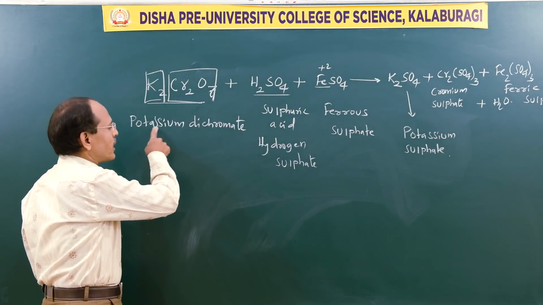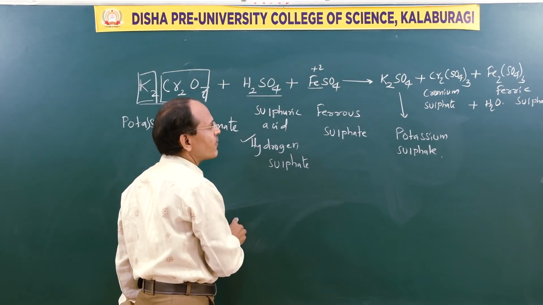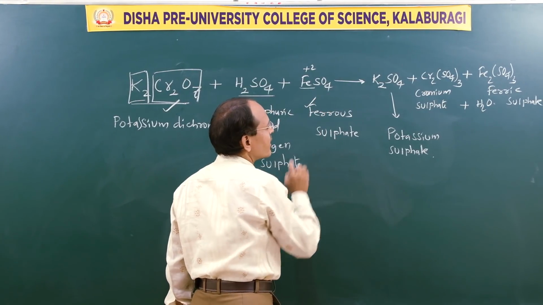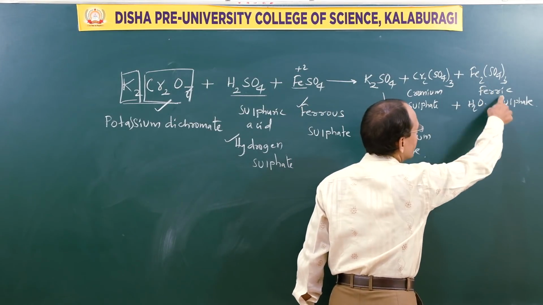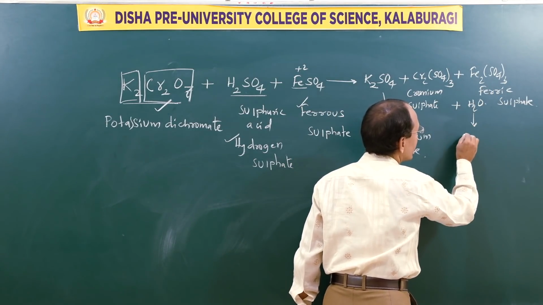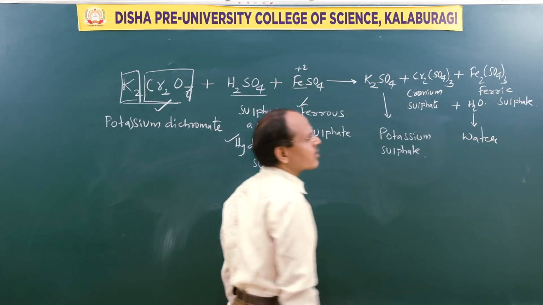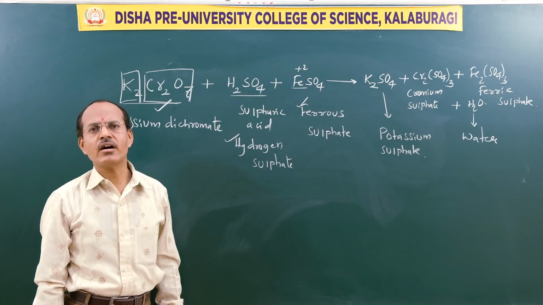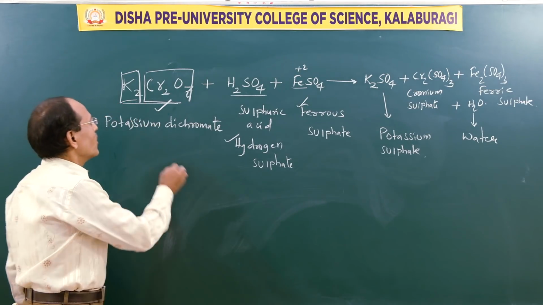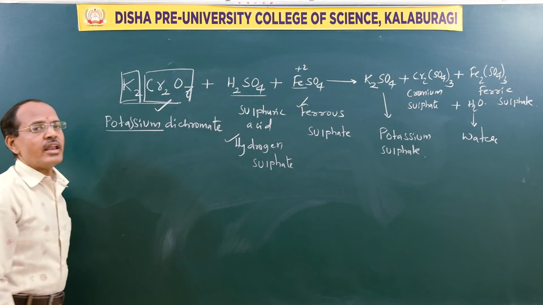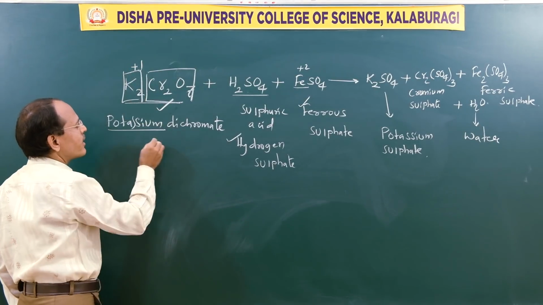So here: potassium dichromate, sulfuric acid or hydrogen sulfate, ferrous sulfate, potassium sulfate, chromium sulfate, ferric sulfate, and finally hydrogen oxide, or water.